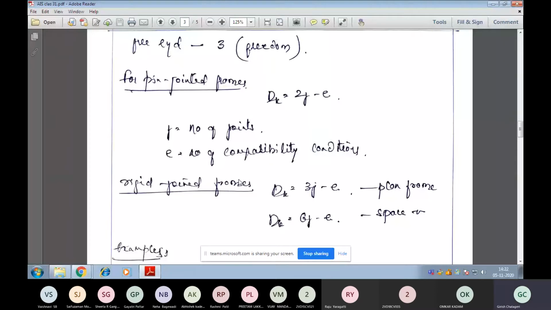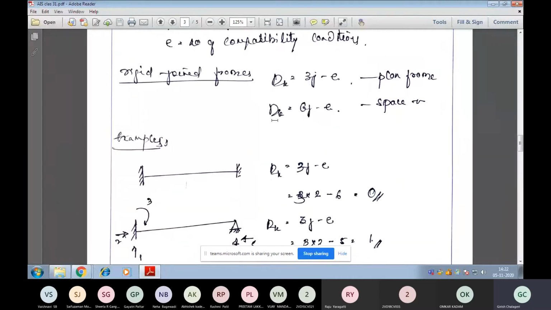If it is fixed at one end and the other end is hinged, the number of unknown forces will be 3 plus 2, 5 unknowns. J is the number of joints in that member. So the degree of kinematic indeterminacy is found by this formula only. If it is a rigid joint, we go with 3j minus E. If it is pin jointed, we go with 2j minus E.